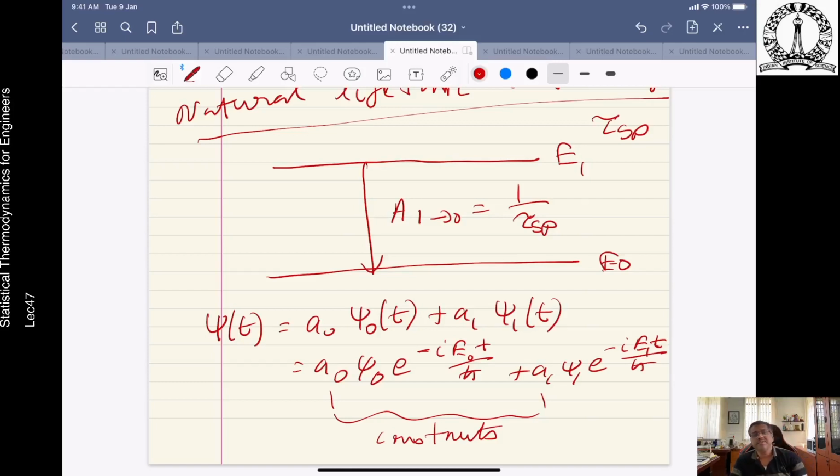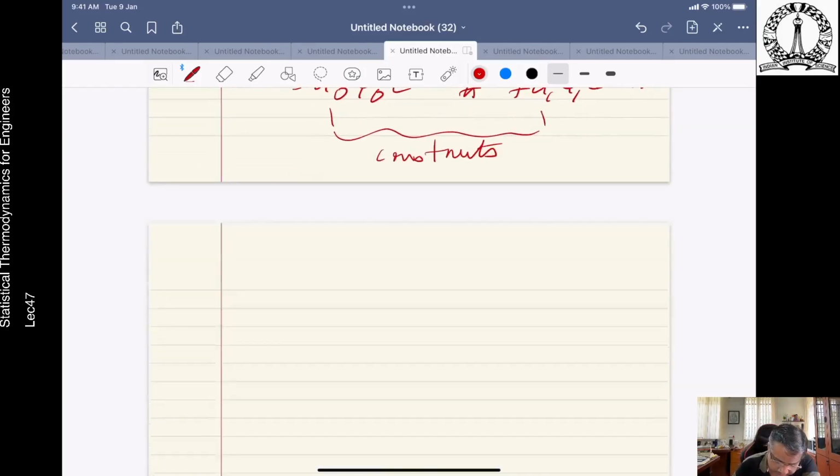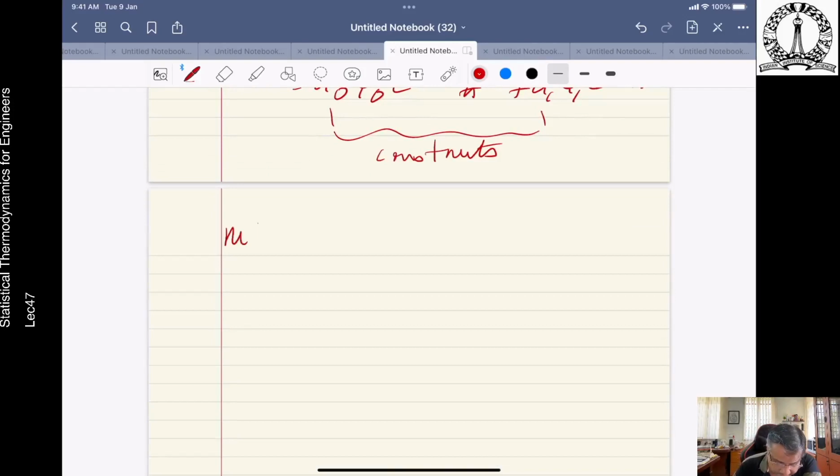Should the system be excited into a superposition state, the dipole moment of the system is therefore given by this expression, which is once again the time dependent portion.